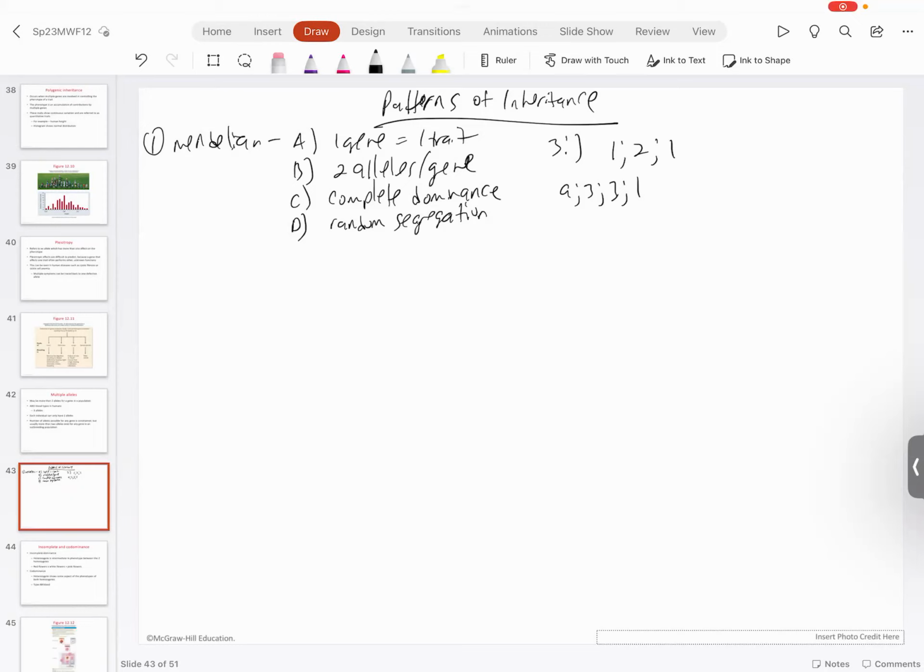Mendel said these things segregate randomly, but they're independent events. If these two are interacting, then what happens in A is going to mess with what happens in B. When you have that kind of non-randomness, it creates different ratios, but those ratios are based on 9-3-3-1.